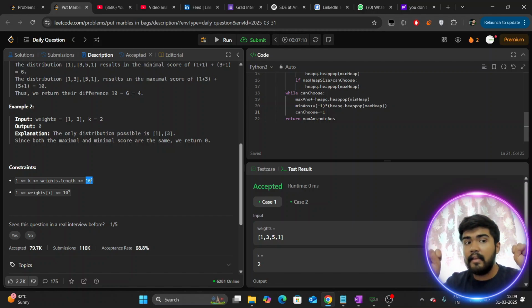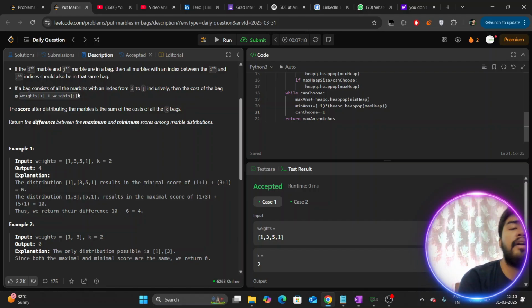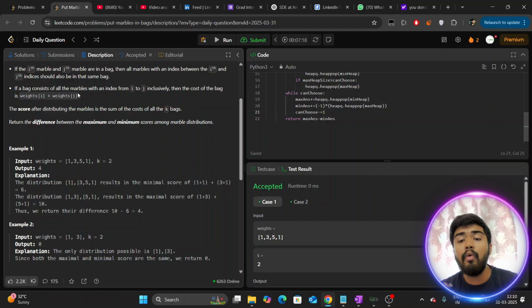It is the terminal nodes, terminal points only, because here it is directly mentioned weights i and weights j. These two terminals are actually contributing to your answer. So if I can choose my terminal points in an optimal way, then I think we should be good. Now how can we choose our terminal points in an optimal way?